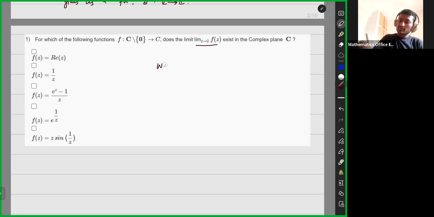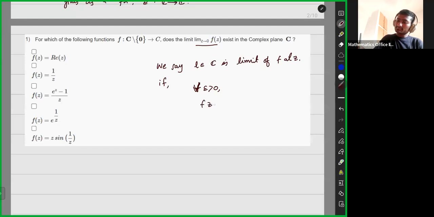So we say L belonging to C is the limit of f at z naught if for every epsilon positive, whatever epsilon positive you give to me, f of z and L become epsilon close whenever z is very close to z naught, that is, whenever the modulus of z minus z naught is less than delta.